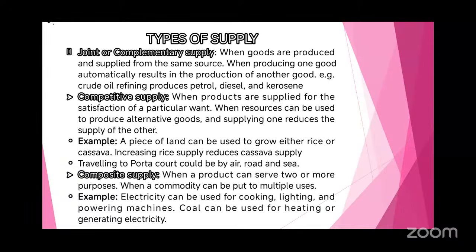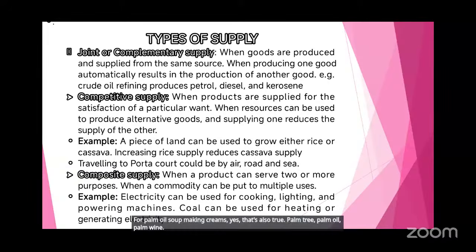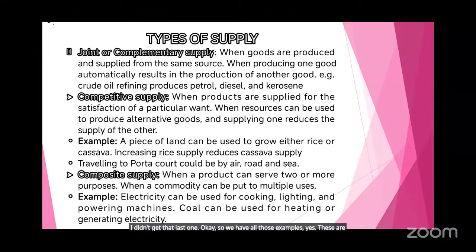Palm kernel for palm oil, soap making, creams. Yes, that's also true. Palm tree, palm oil, palm wine. Okay, so we have all those examples. These are different things that you can use.